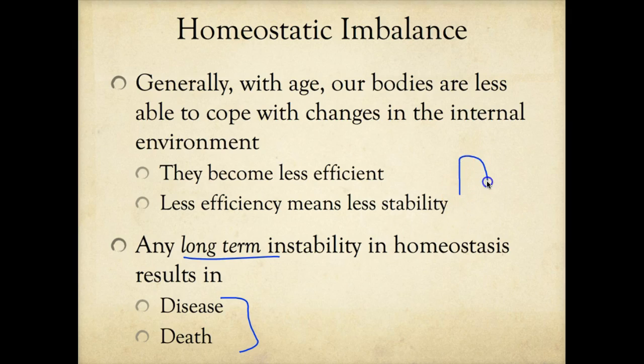So those changes in homeostatic imbalance may become worse and or even greater in intensity, and that instability can lead to death or disease. So once more, the whole point of this video was to make sure you understood homeostatic mechanisms, and hopefully you feel a little more comfortable describing the role of positive and negative feedback within that homeostatic mechanism.